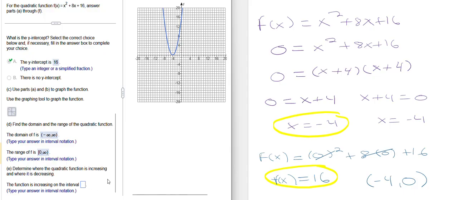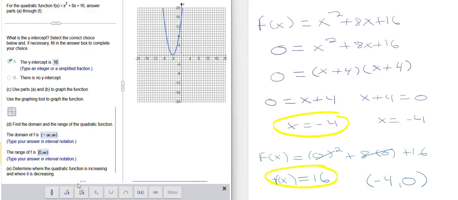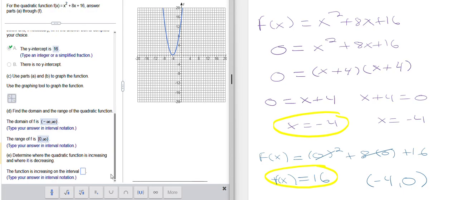Okay? Now the next question is, the function is increasing on what interval? So when we're talking about increasing or decreasing, we are referring to the x values, okay? So let's think about this. From -4 all the way to -infinity, the x's are decreasing.